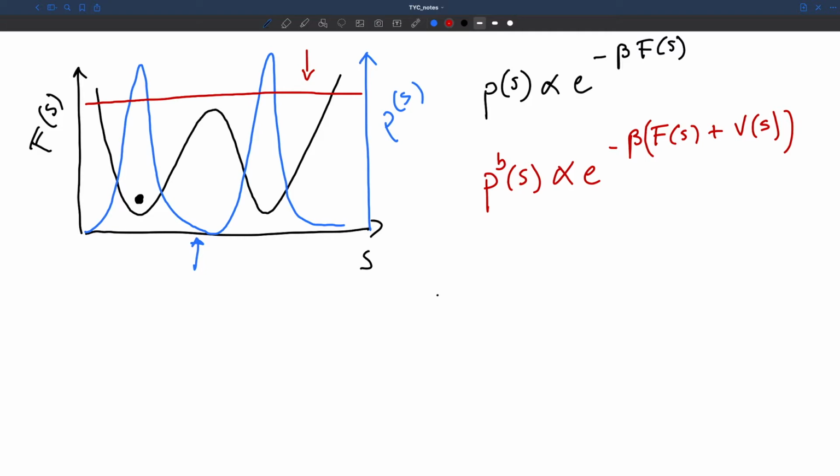So if we're interested in getting a constant probability density here, essentially we can easily show that what we really want is to introduce a bias potential that is equal and opposite to the free energy surface.